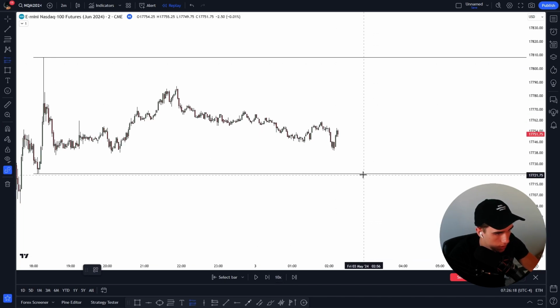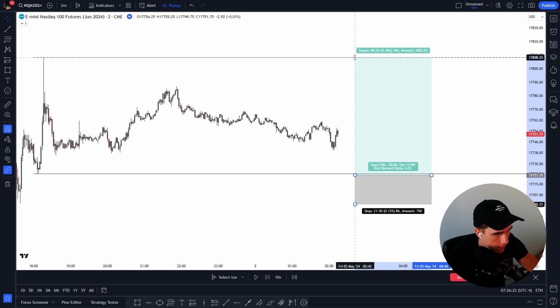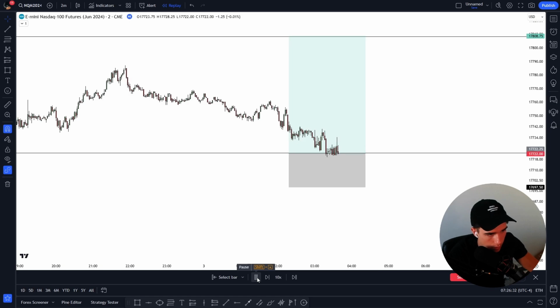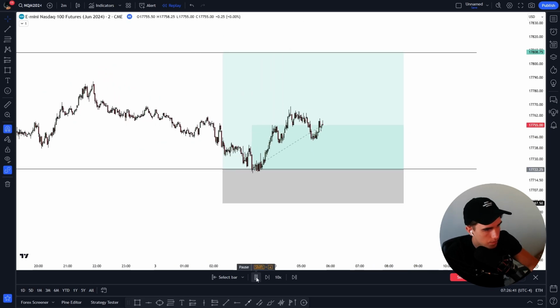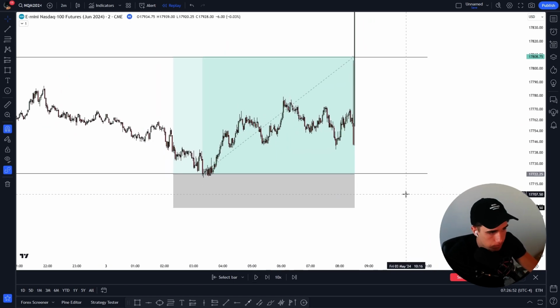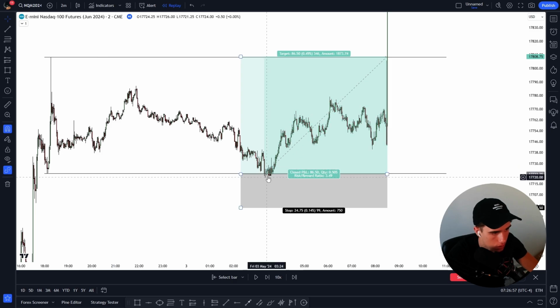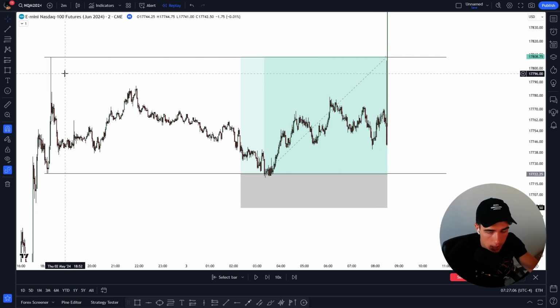Now I can already place my buy limit there and then target the high of the trading range simply because I looked at the hourly candle. And there we go. We're now inside the trade and let's see what happens. And as you can see, it worked out perfectly. Price used the hourly candle low as a manipulation move, and then it had the distribution move up to the hourly candle high. And that right there is, again, the CRT.